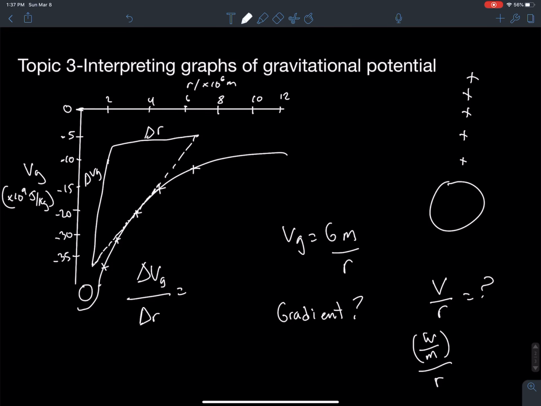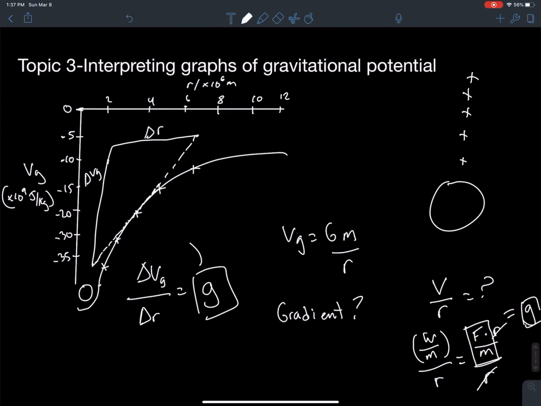And work is equal to force times r over mass over r. I can see that the r's cancel out. What do I have left? I have force over mass, which is equal to g. So the gradient in this case of that graph is my gravitational field strength.